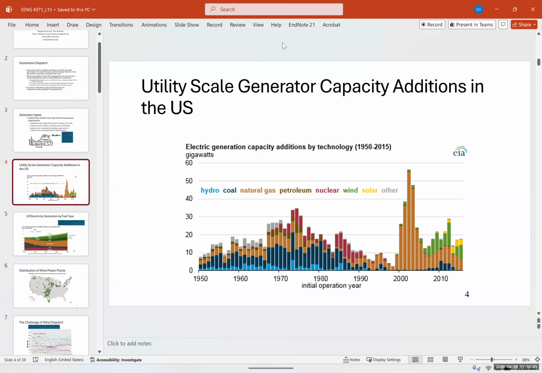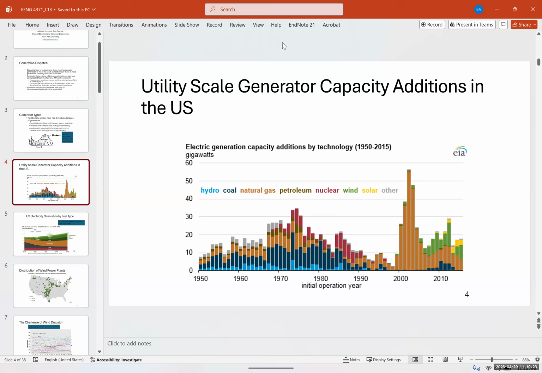And that's when we get to this slide. This slide shows a chart of utility scale generators and their capacity, the capacity additions in the United States over recent years.